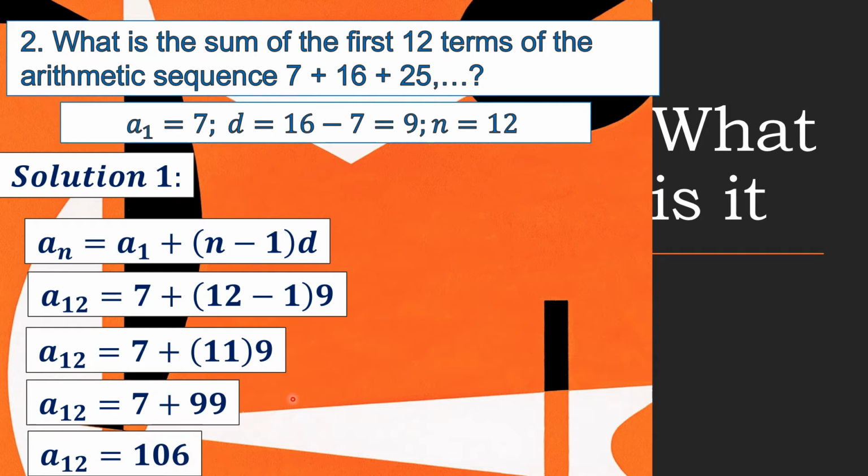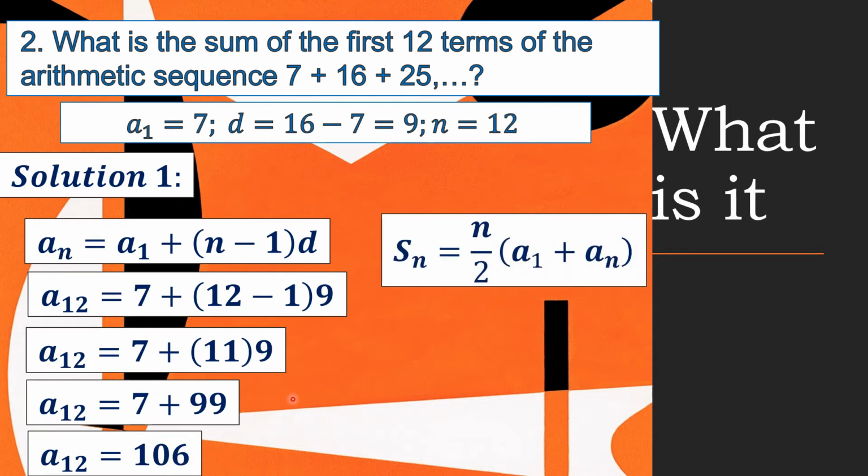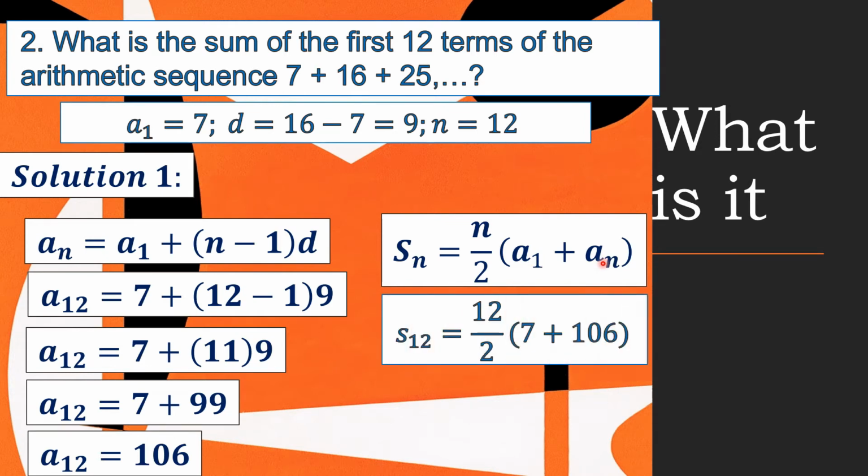Then, since may a sub n na tayo, pwede na natin gamitin ang S sub n is equal to n over 2 times the sum of the first and the last term. So, substitute lang tayo ng n which is 12, a sub 1 which is 7, and a sub n which is 106.